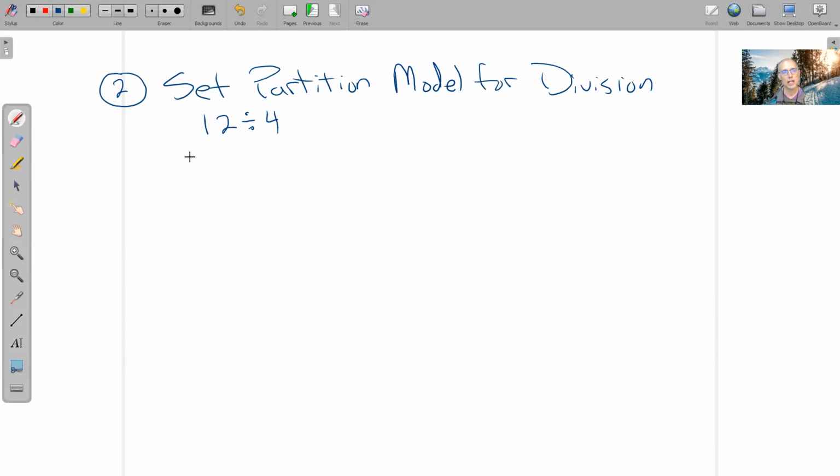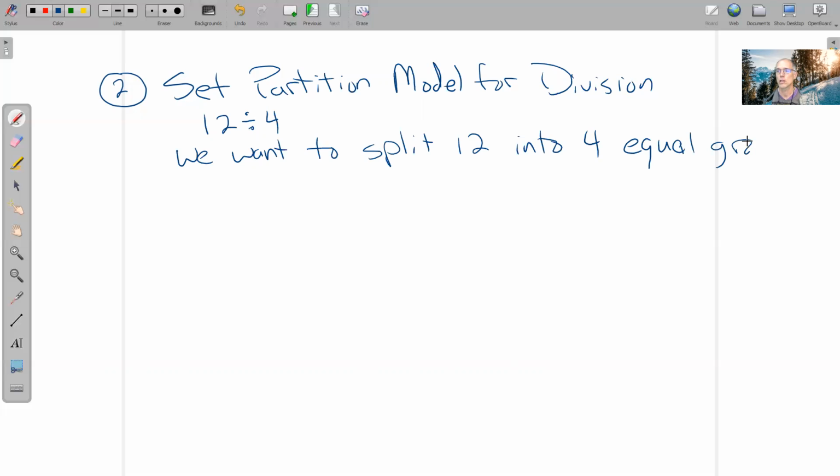So in this case, we want to split or divide 12 into 4 equal groups. How many will be in each group?